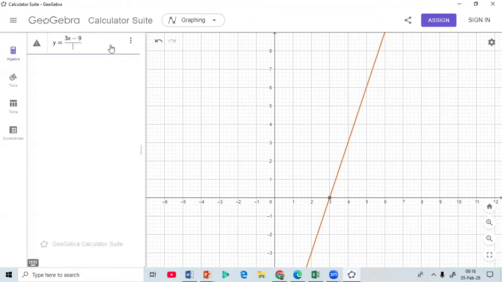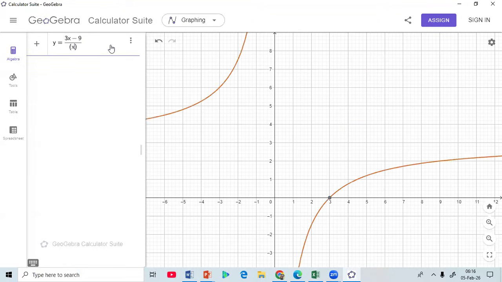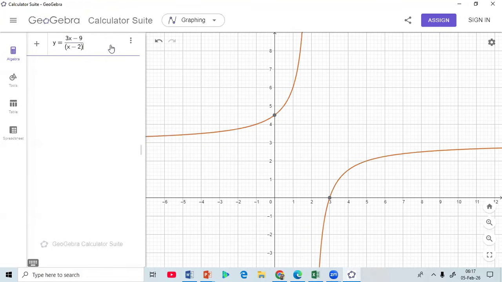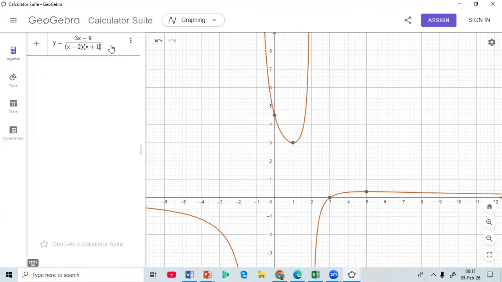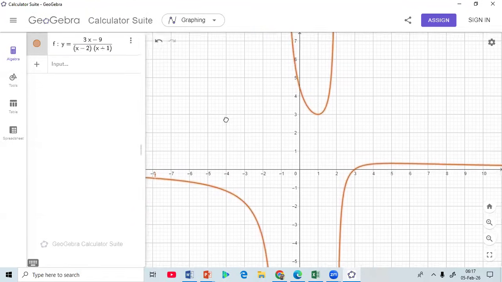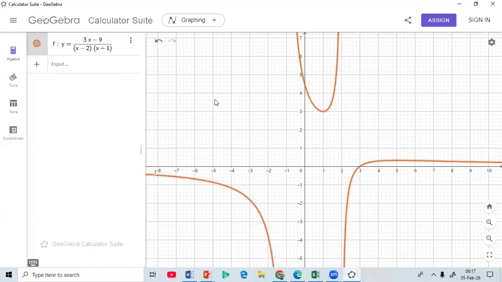I give you another one here. Look at these graphs very well. I give you another graph. Now look at this graph of mine. You tell me, what do you think?